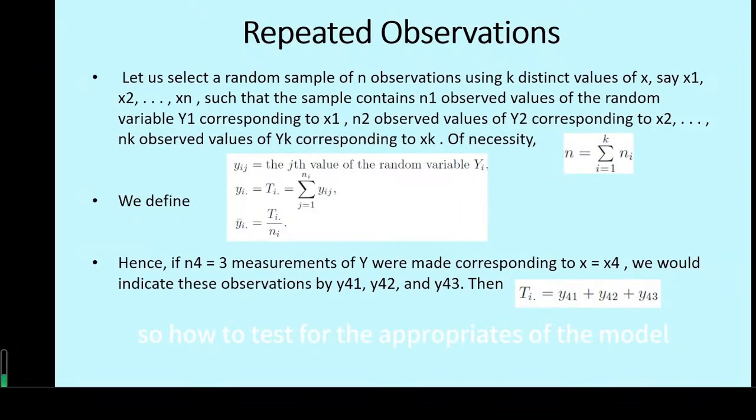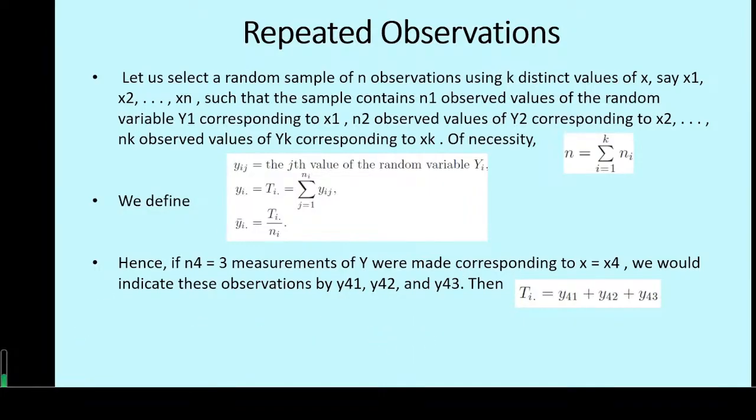So how do we test for the appropriateness of the model? One way is using repeated observations. This means for a given x variable value, we will test and get several observations of y.